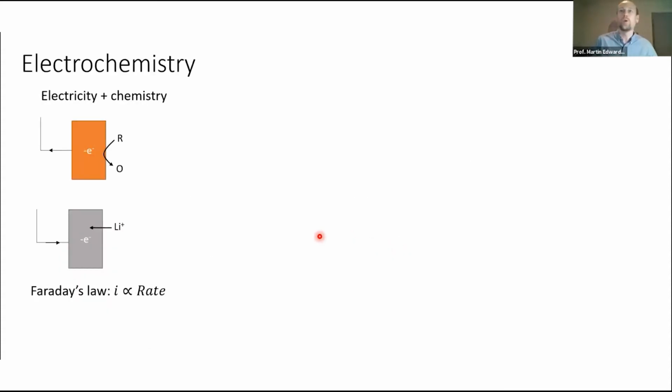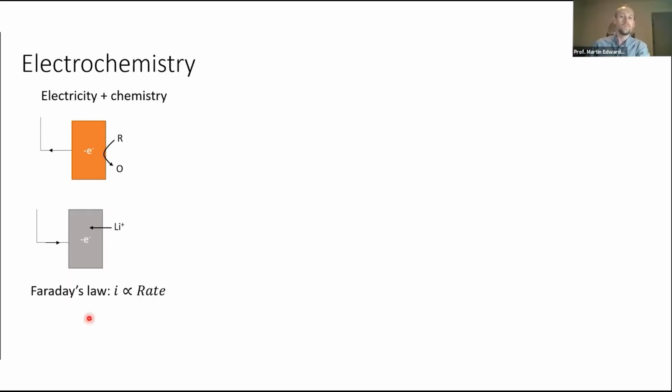So not all of us here know electrochemistry. I know in the battery section many people do, but I thought I'd start off for the general AFM audience. Electrochemistry is really the fusion of electricity and chemistry. So we've got electrons in a wire side of a system, exchanging electrons either with molecules or having ion insertion in a chemical system.